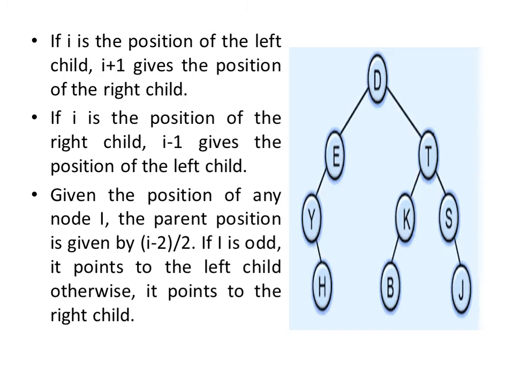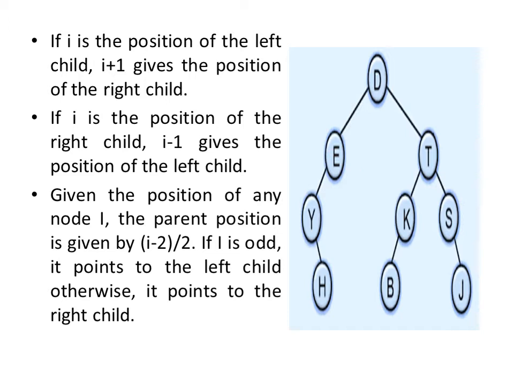Now assume I am at t, and I want the position of e. What should I do? I should decrement by 1. That means I should subtract 1 from the right child. That is, if i is the position of the right child, then i minus 1 gives the position of the left child.